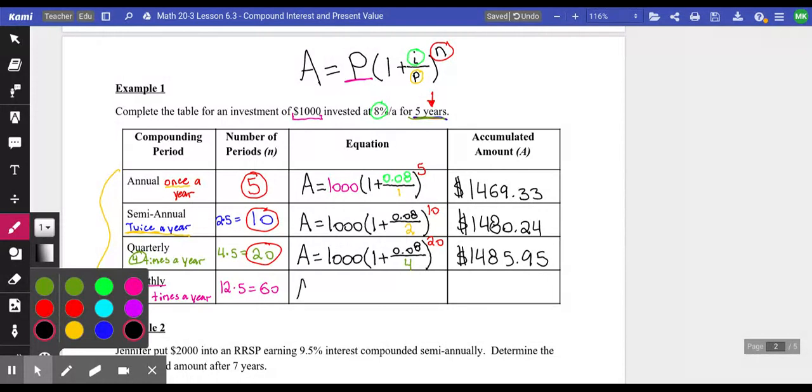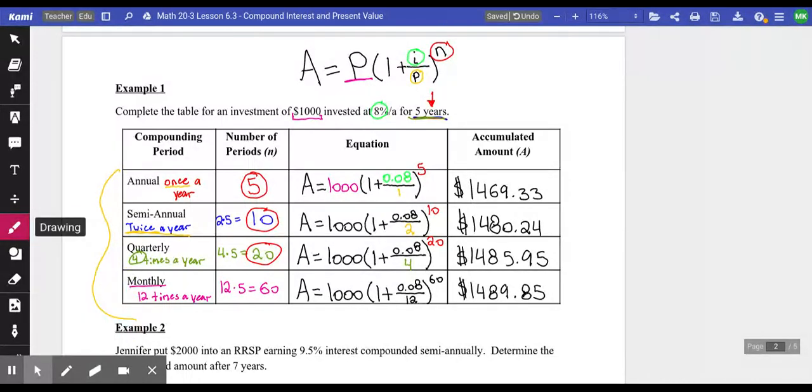Hopefully you paused it and you came out with A equals 1,000 times 1 plus 0.08 divided by 12, because you're being charged 12 times in a year, all to the power of 60 because you're getting 60 total charges. 1 plus 0.08 divided by 12 gives me 1.00666666, all that to the power of 60, times that by 1,000, and I get a total amount of $1,489.85. That is how much would be in my investment account if I compounded monthly for 5 years.